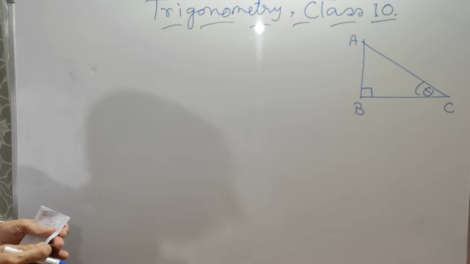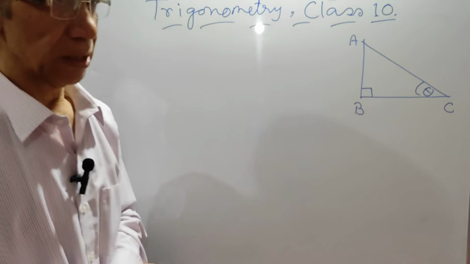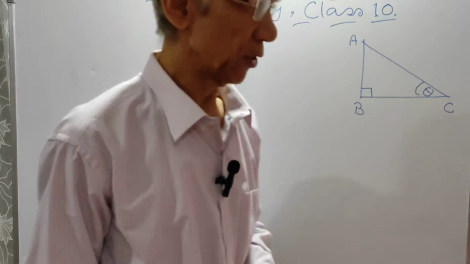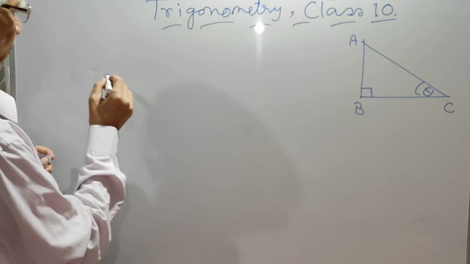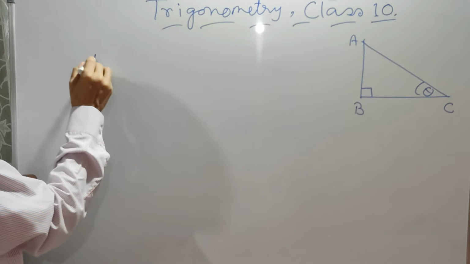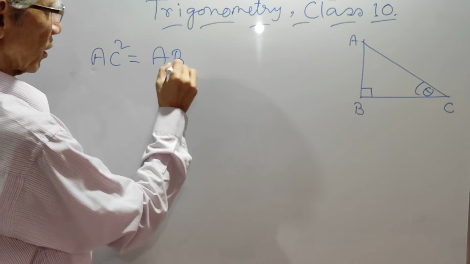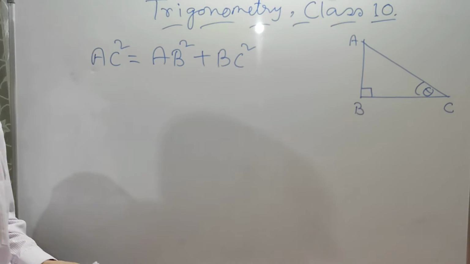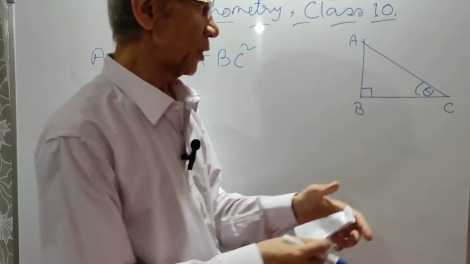Now we are going to derive those three formulas: sine square plus cos square equal to 1, 1 plus tan square equal to sec square, and 1 plus cot square equal to cosec square. Okay. Now see how easy it is. Now according to Pythagoras theorem, AC square equal to AB square plus BC square.